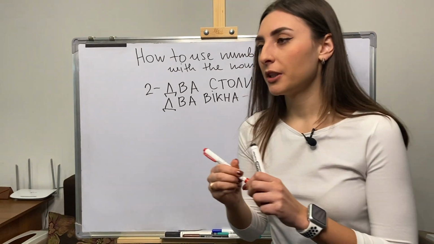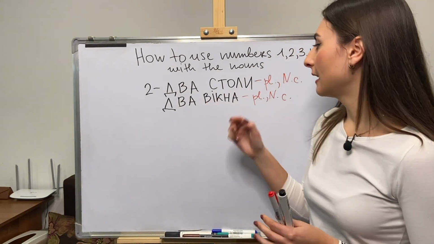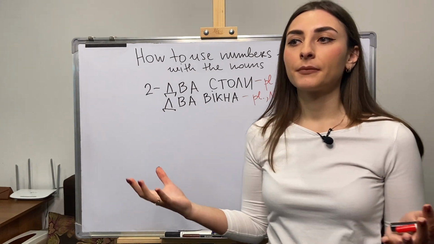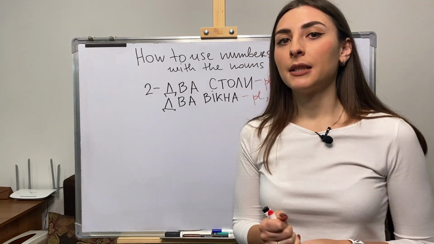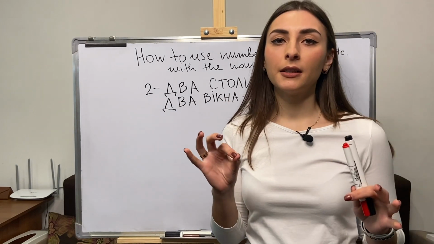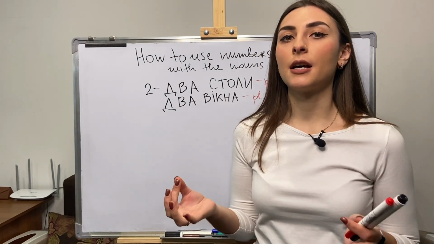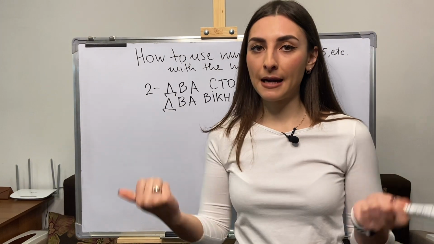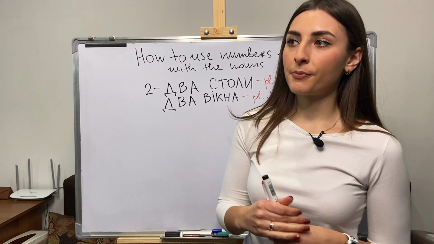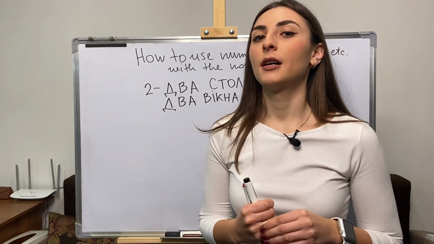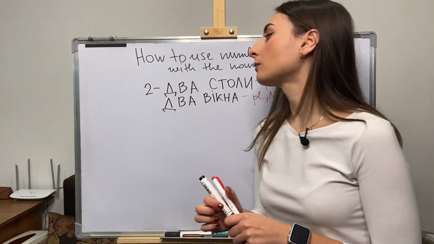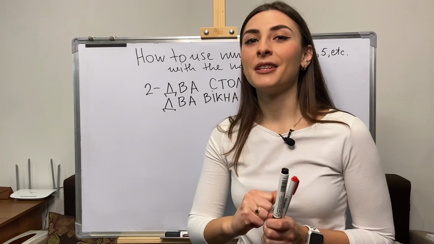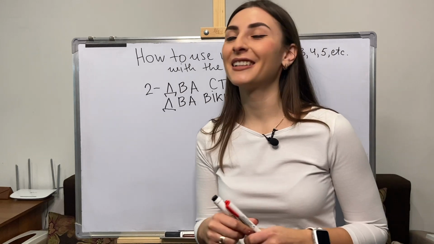What we need to say is that in два столи, the word столи is plural, but it comes from the singular masculine noun стіл. The same with вікна, два вікна. Вікна comes from the singular word вікно. So we have 2 forms of the number 2 in Ukrainian.